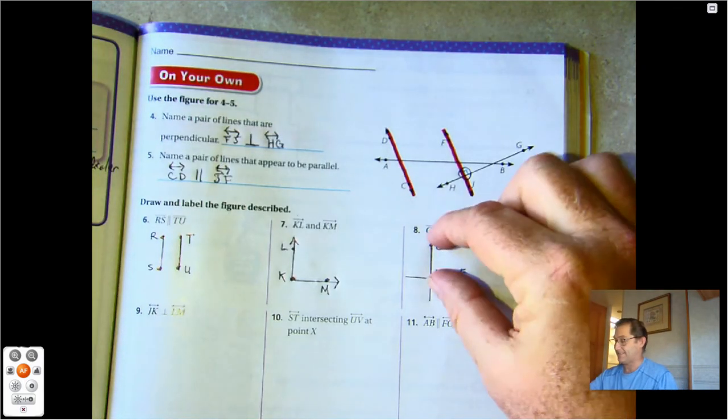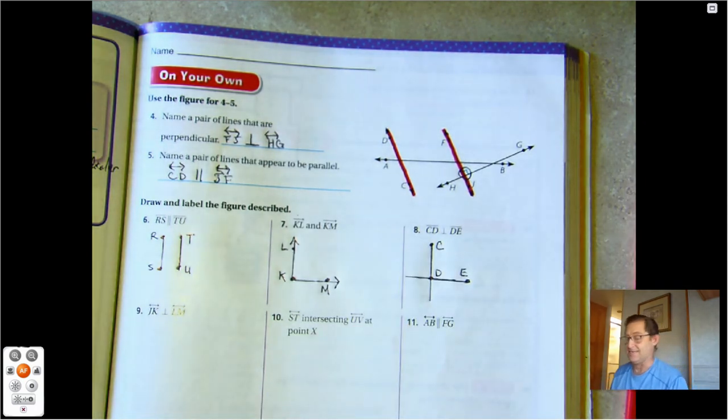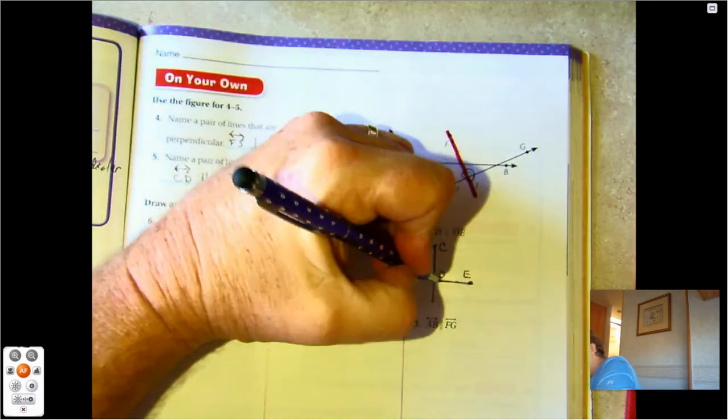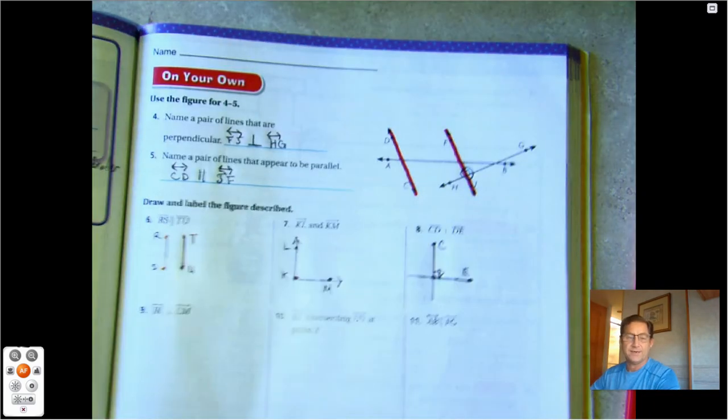So line segment CD is perpendicular to line segment DE. Put the little right angle symbol in there.